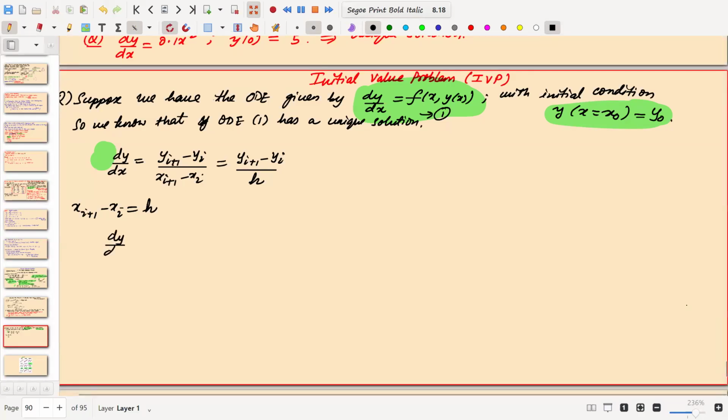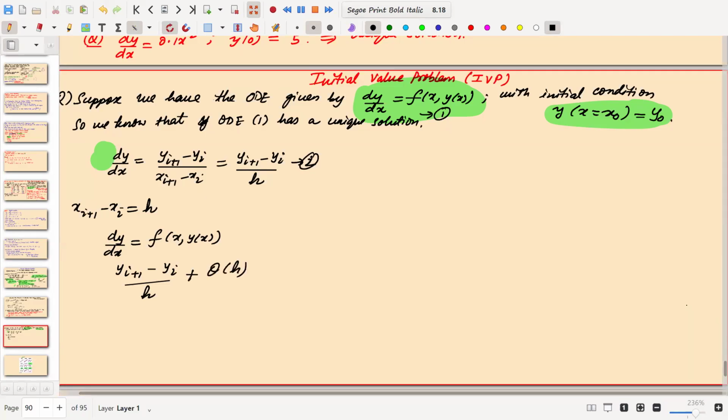Now, we have dy by dx equal to f of x comma y of x. So can we substitute this equation here? We have yi plus 1 minus yi divided by h, plus some error term that is order of h, since we are truncating it.